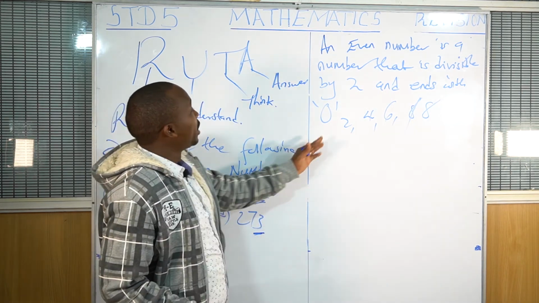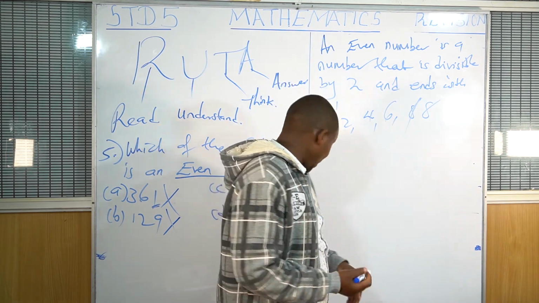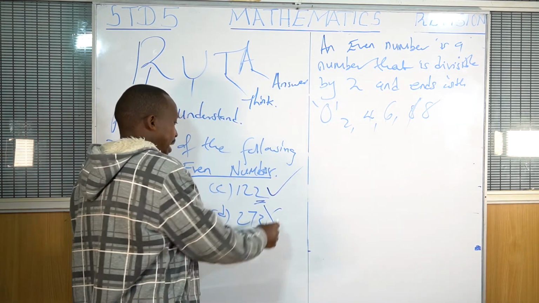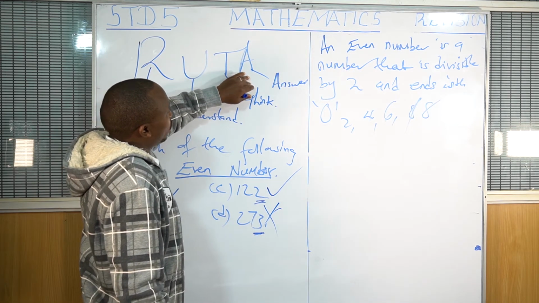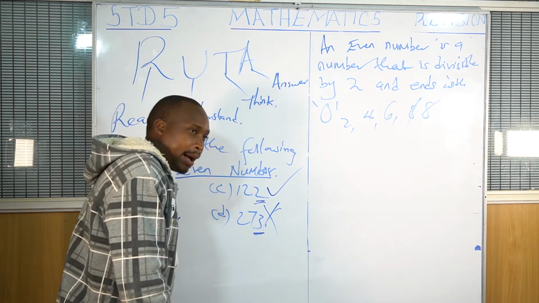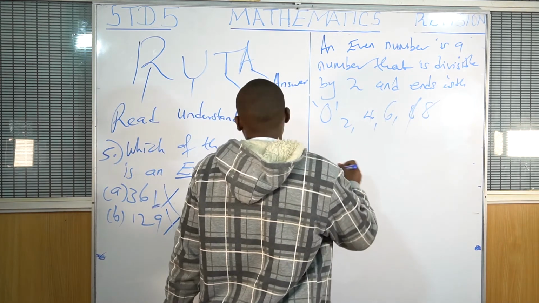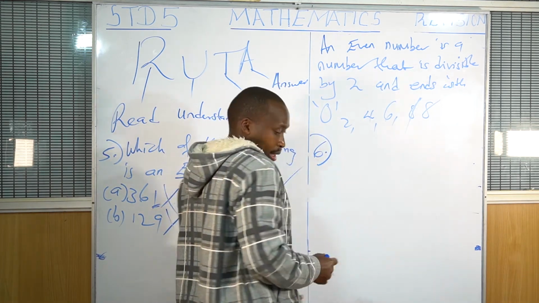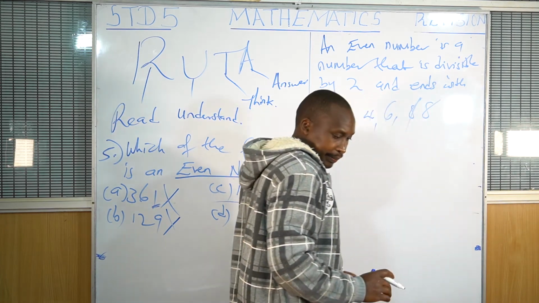Is it ending with the numbers we have listed here? No. So it is not an even number. So are we now ready to give our answer? Yes. So our answer is 122.